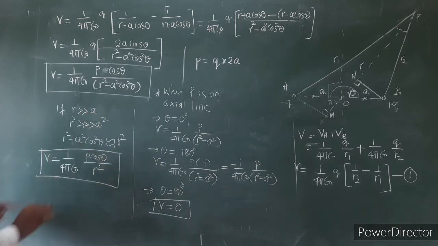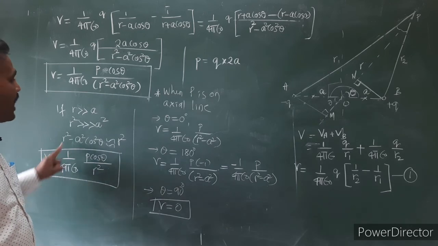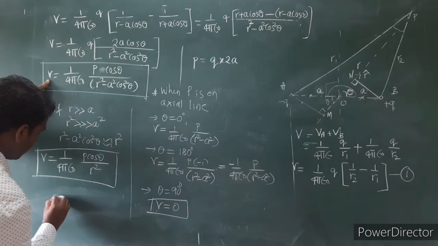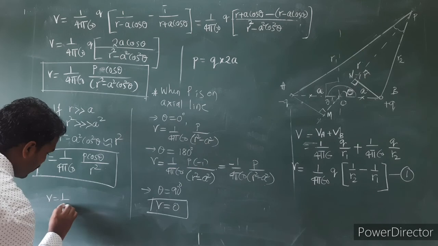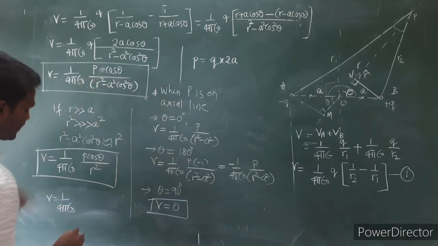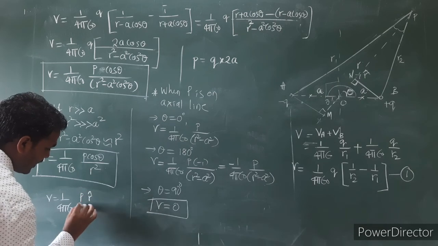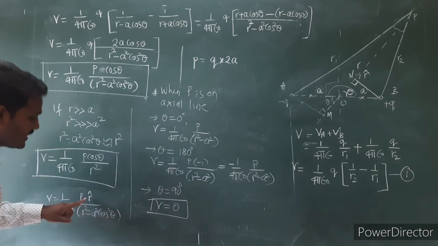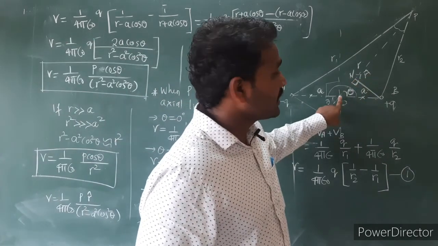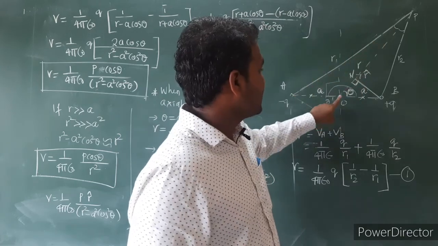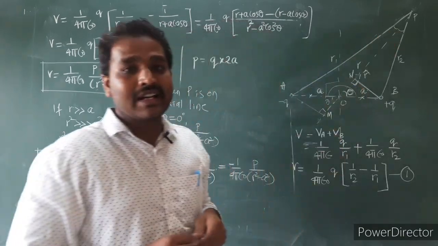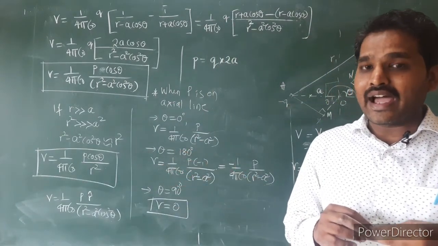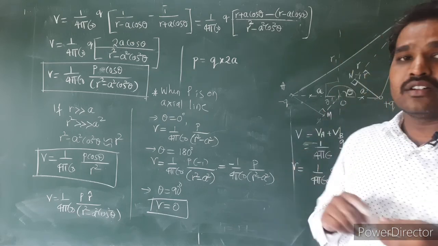So this is the expression for electrostatic potential when R is much greater than A, and in vector form I can write this expression as V is equal to 1 by 4 pi epsilon naught, I just replace this P cos theta by P dot R cap, divided by R square minus A square cos square theta, where this R cap is the unit vector along the direction O to P, that is the line joining the midpoint of the dipole and the point of consideration. Okay. So this is the final expression for electrostatic potential at a point P due to an electric dipole.